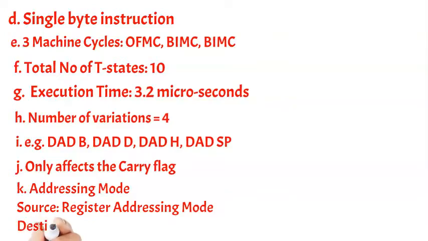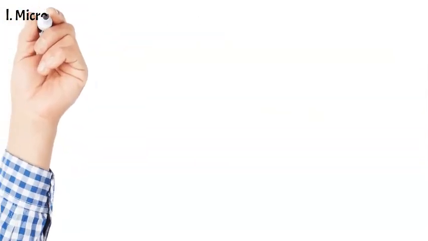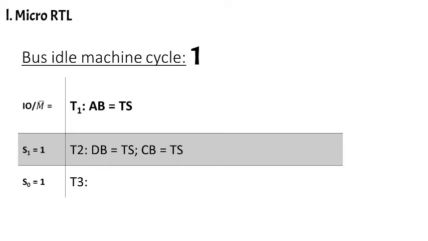Addressing mode, for the source it will be register, and the destination is implied because it is implied that the output will be placed in the HL. For the micro RTL of this instruction, you have the usual opcode fetch machine cycle of 4 T states. Then you have two bus idle machine cycles, 1 and 2. They are both similar in T1 and T2 states.